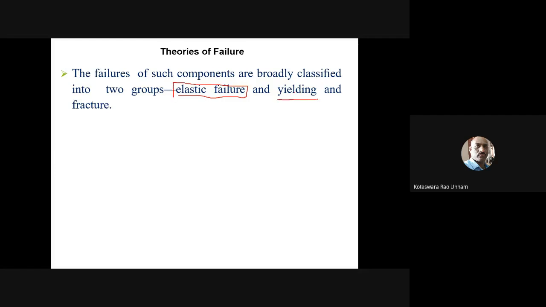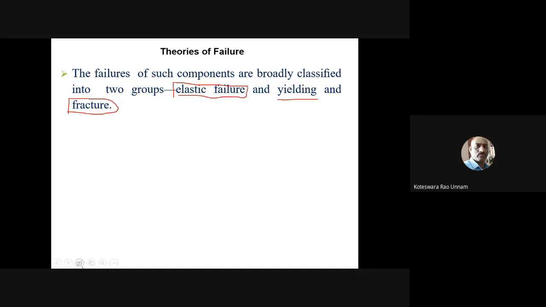The other one is yielding. Yielding occurs when the stress induced in the component exceeds the yield strength. There will be plastic deformation, and that plastic deformation is very large, so that may also be considered a failure. The last one is fracture. Fracture is nothing but breaking up of the component into two or more pieces.